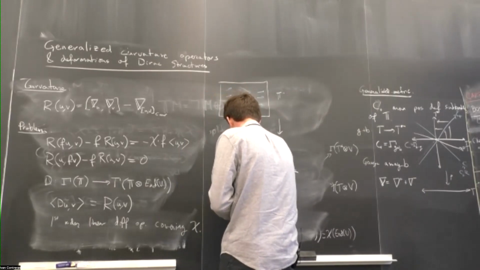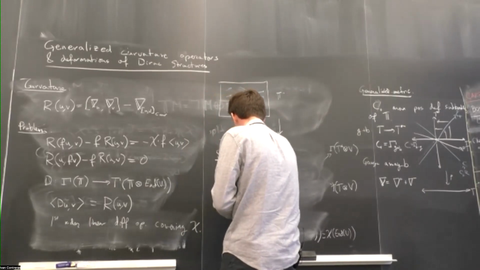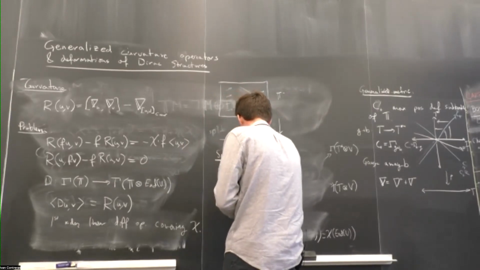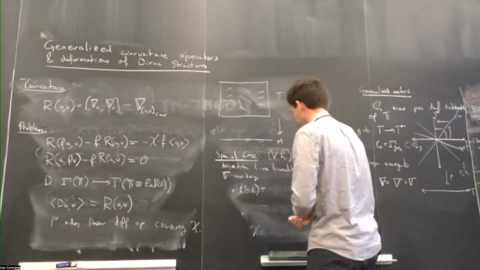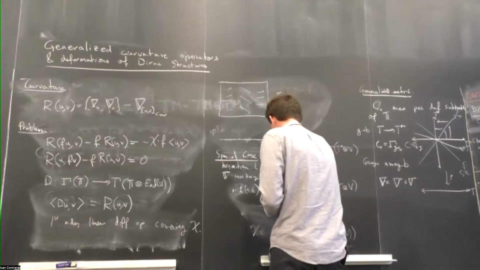So I just mean that some section U acts on this Hermitian metric as a derivation.